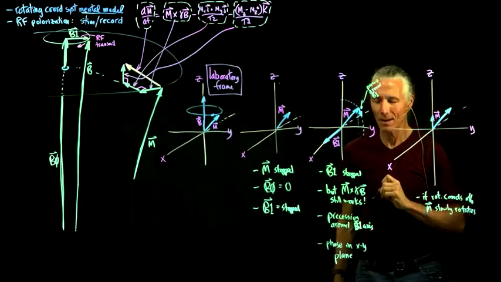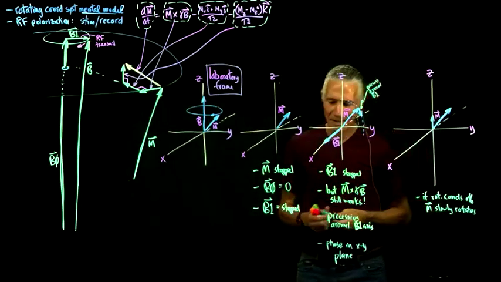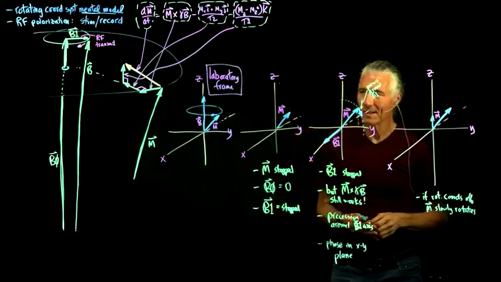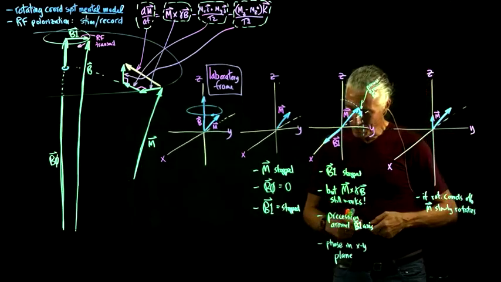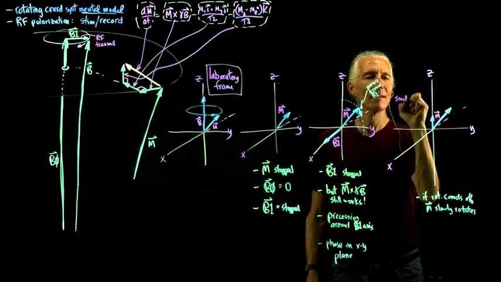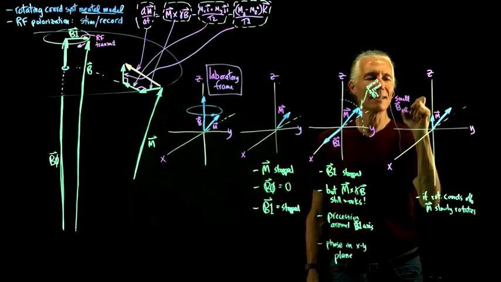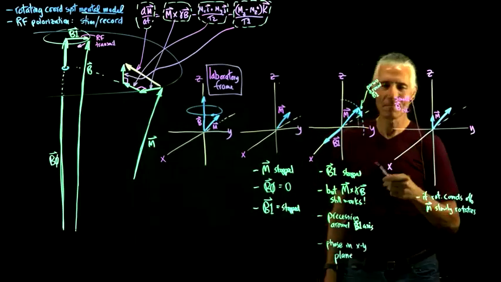Now it's way smaller than our original B, but we'll call it a B effective, B-EFF. So it's as if there was a small B field.